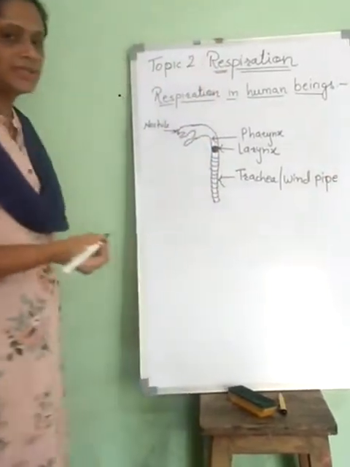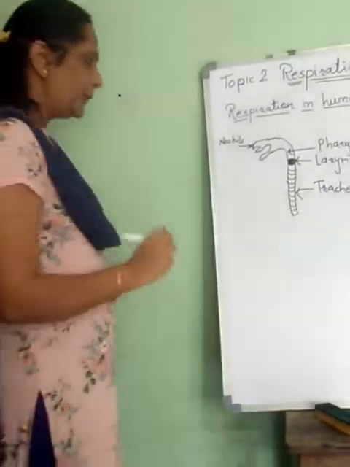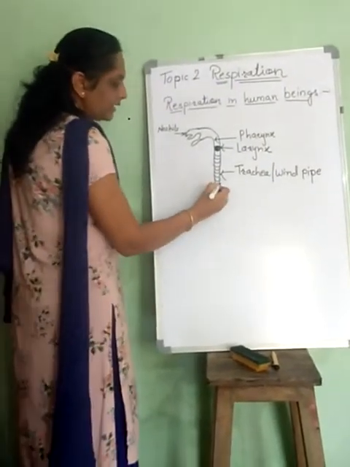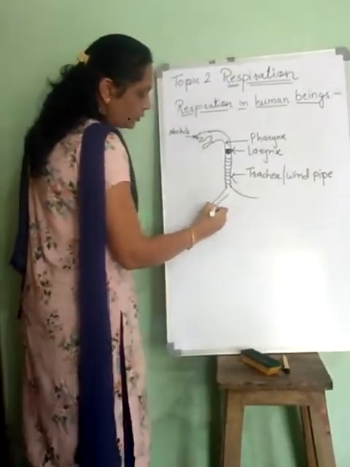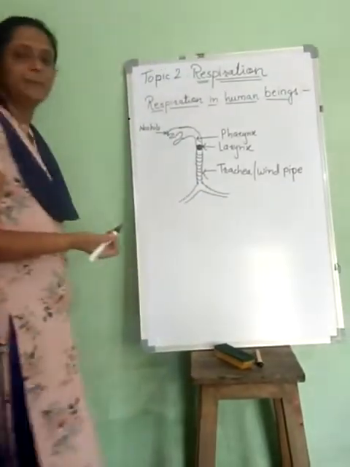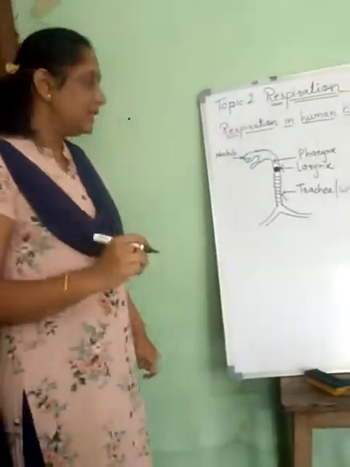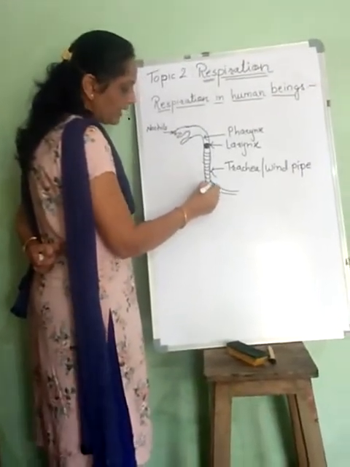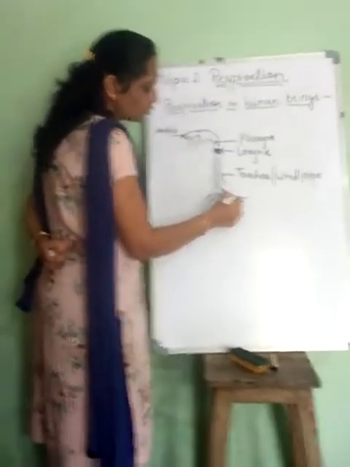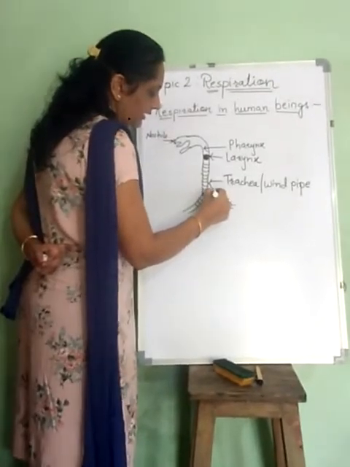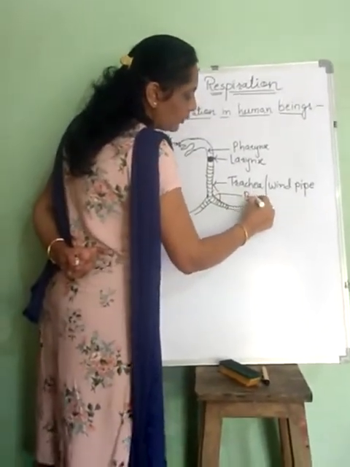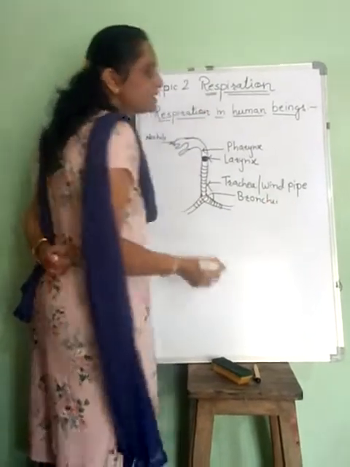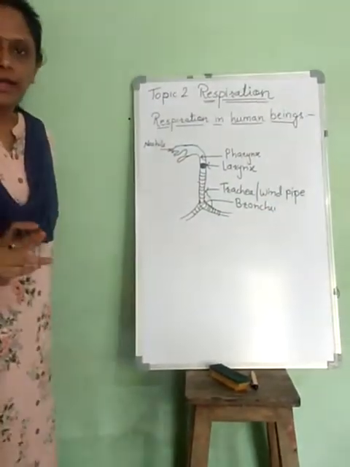So this is the trachea, or windpipe. It further extends and bifurcates into two parts, and these two parts are called bronchi. A single one is a bronchus and two are bronchi.